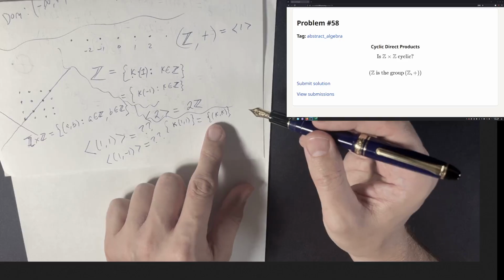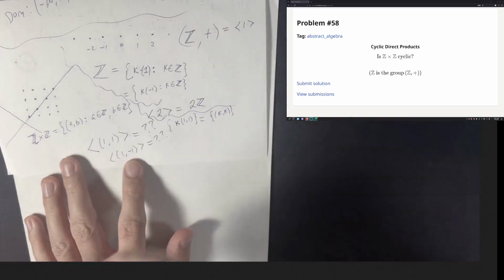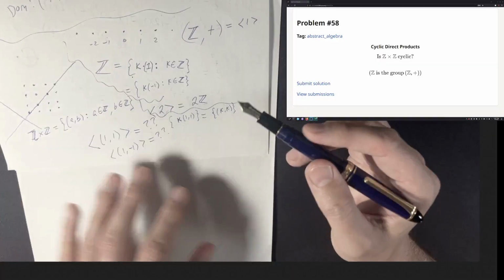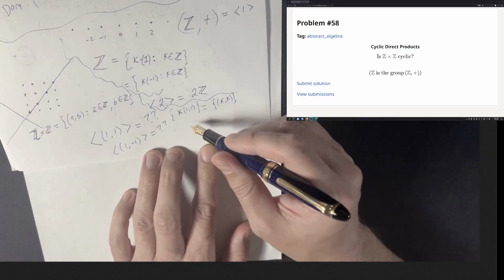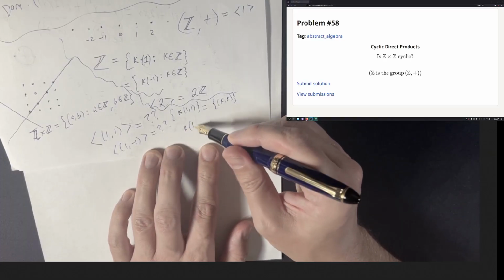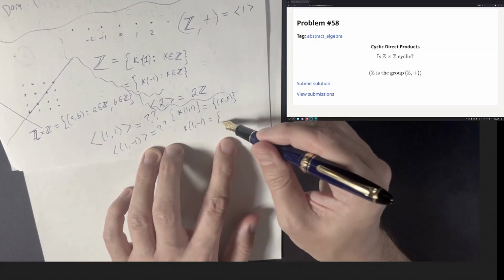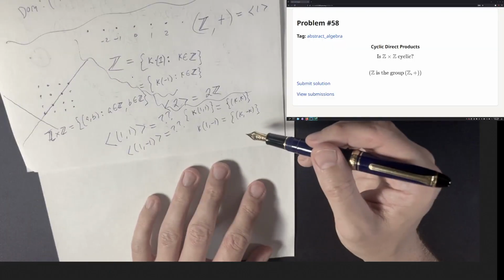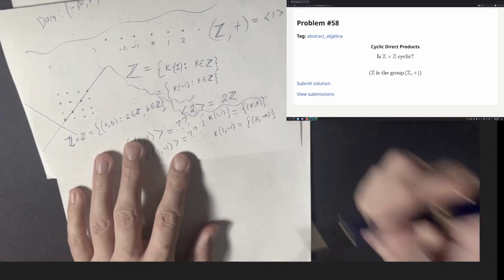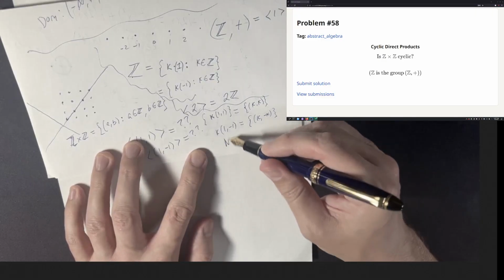So that's the issue, we've got sort of one variable of freedom, but you're looking at a two-dimensional object. If we do the same kind of idea down here, k times (1, -1), you're getting (k, -k). That's really not good enough. So the answer on this is no, it's not cyclic.